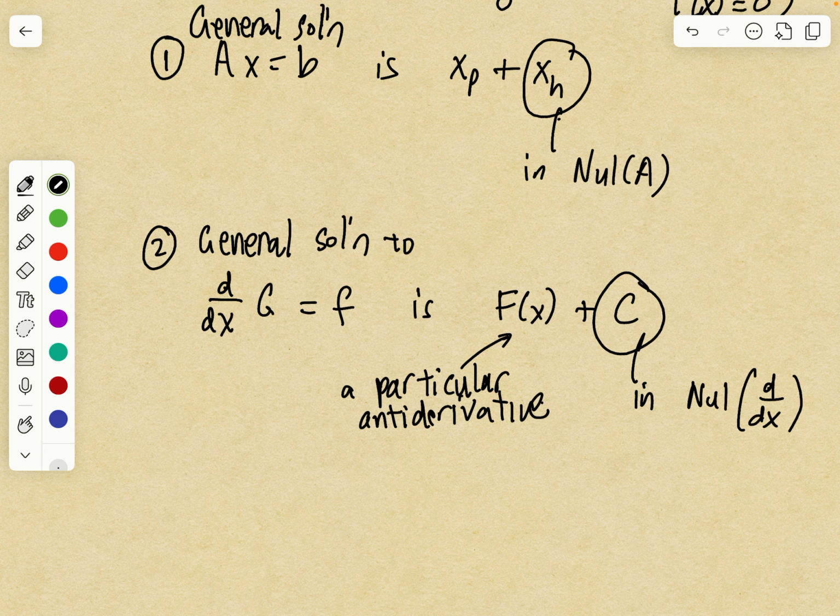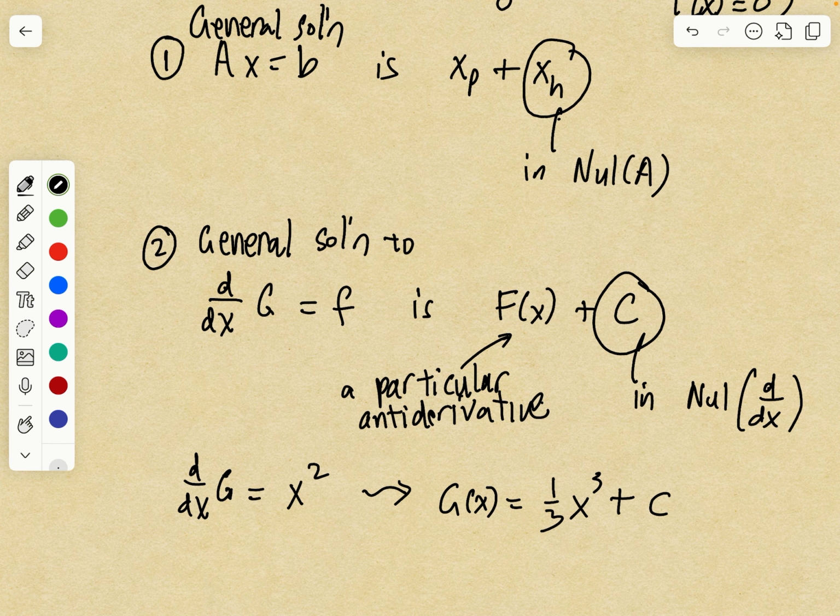So for instance, if the derivative of g is, say, x squared, then that tells me that my g of x is going to be 1/3 x cubed plus a constant, right?